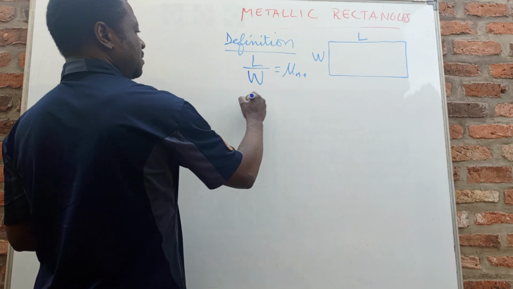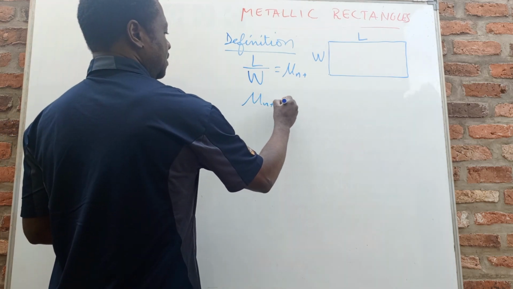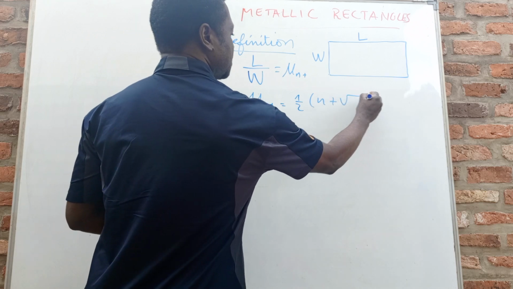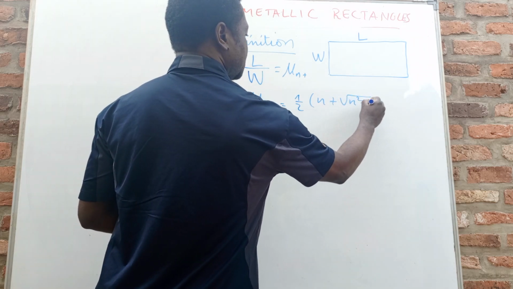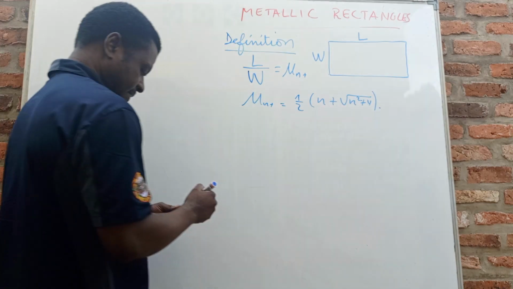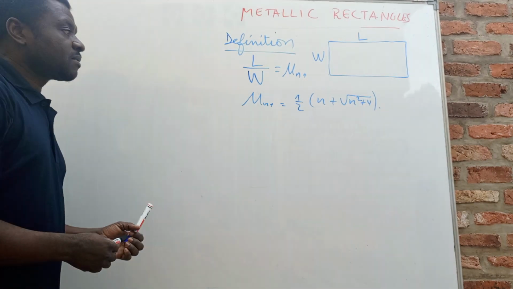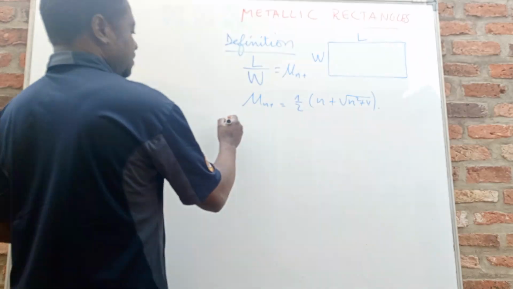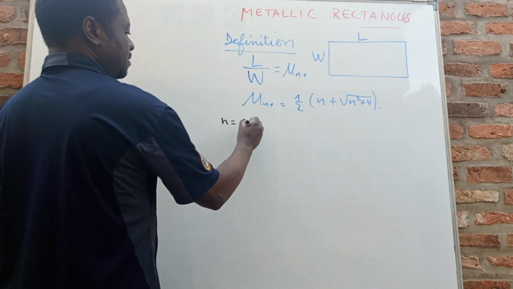We give mu n equal to half of n plus the square root of n squared plus 4. I'm going to deal with some special cases, starting with n equal to 1.